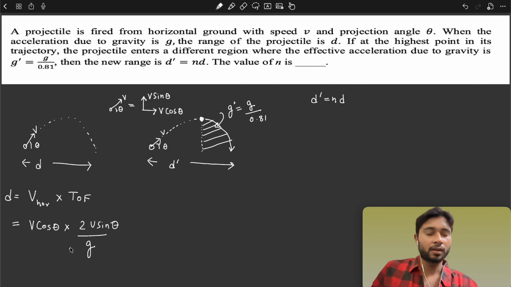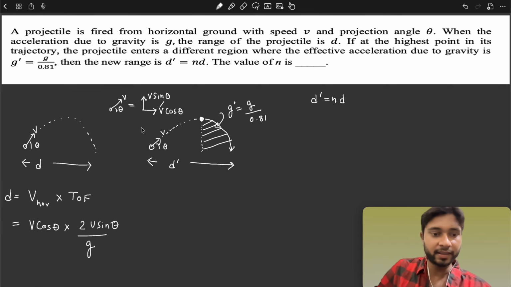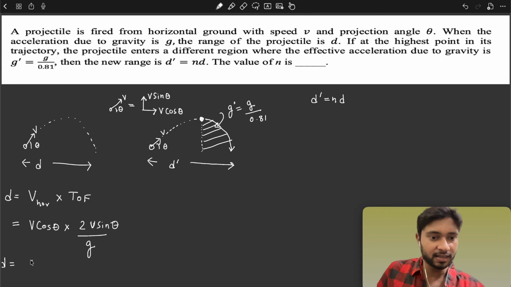Vertical velocity is v sin theta. So the horizontal distance in this case will be 2v square sin theta cos theta divided by g.